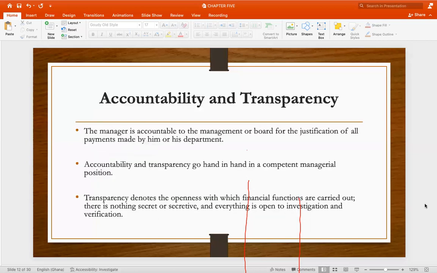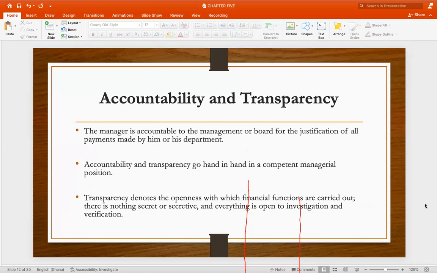Now, accountability and transparency. The manager is accountable to the management or board for the justification of all payments made by him or his department. Accountability and transparency go hand in hand in a competent managerial position.